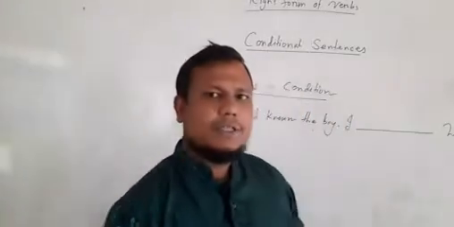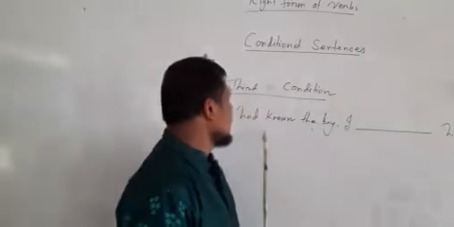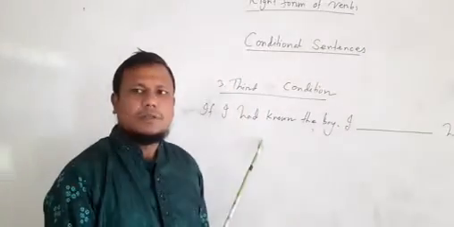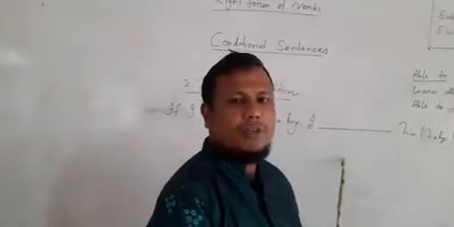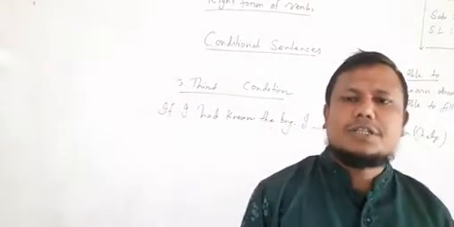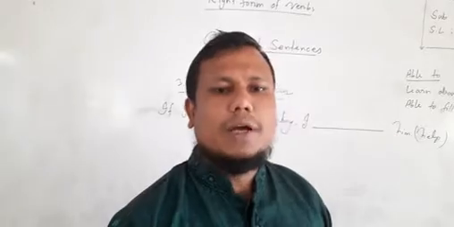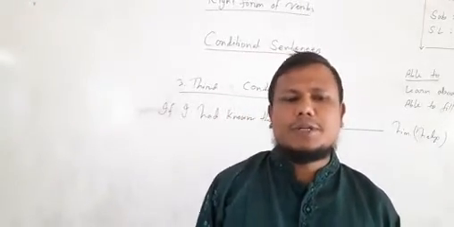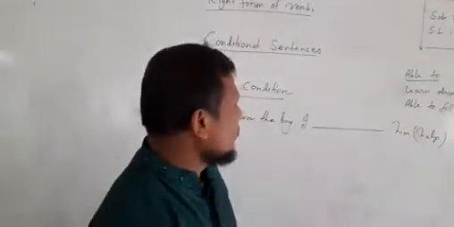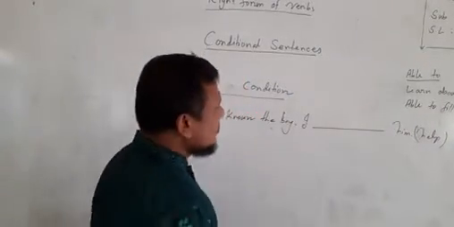In this sentence, the if clause is past perfect, the later part will be past perfect conditional. The structure of past perfect conditional is would have, should have, could have, or might have, and past participle form of verb. So you can fill in the gaps.